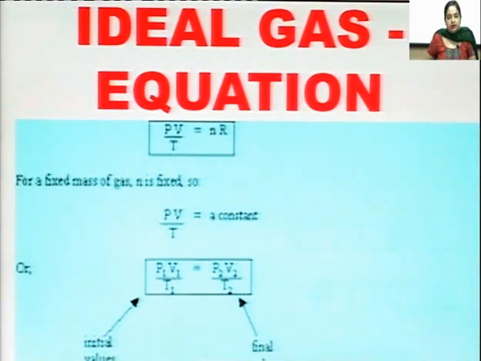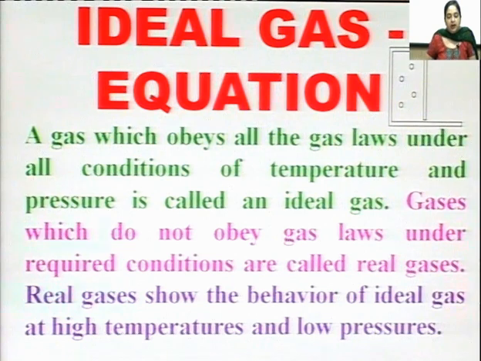Ideal gas equation: PV over T is equal to nR, so PV over T is equal to constant. A gas which obeys all the gas laws under all conditions of temperature and pressure is called an ideal gas.